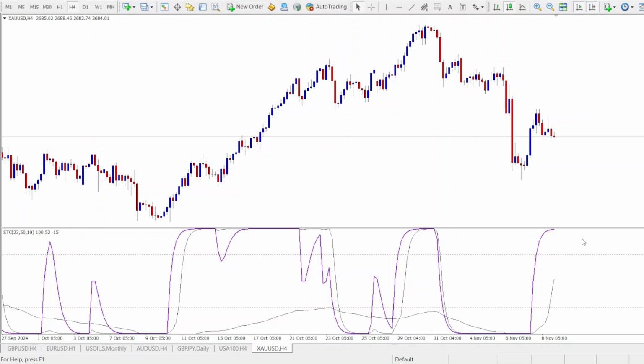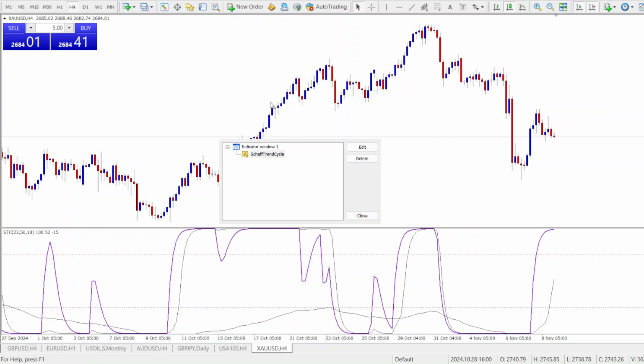All right, so we can see that we have an overbought territory and an oversold territory. This is an indicator that also shows us when we are in an overbought situation and when we are in an oversold situation.